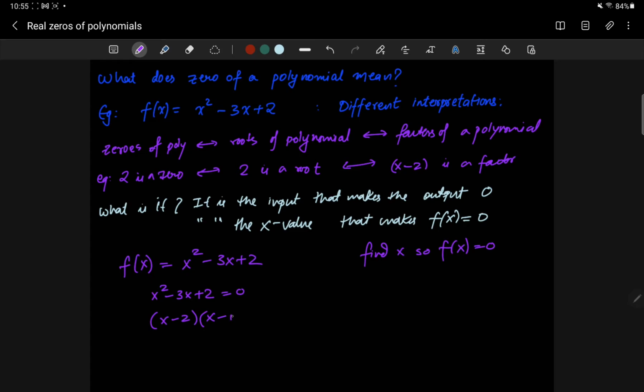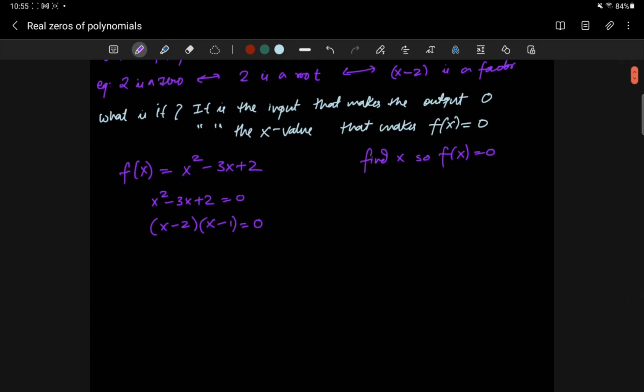This is why there is a relation between the zeros, the roots, and the factors, because you get the factors or the roots by first factoring the equation. Now when you have a product of two things equal to 0, either this is true or this is true, meaning x is 2 or x is 1. These are called the zeros of the polynomial.